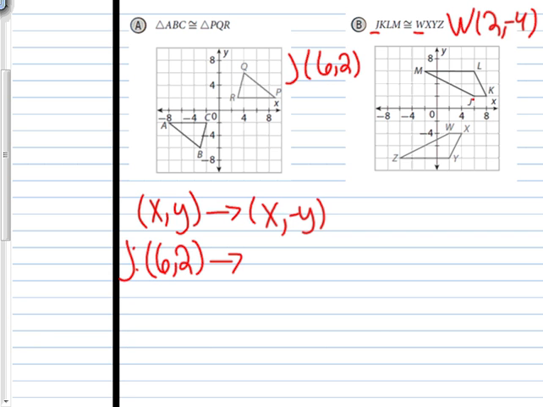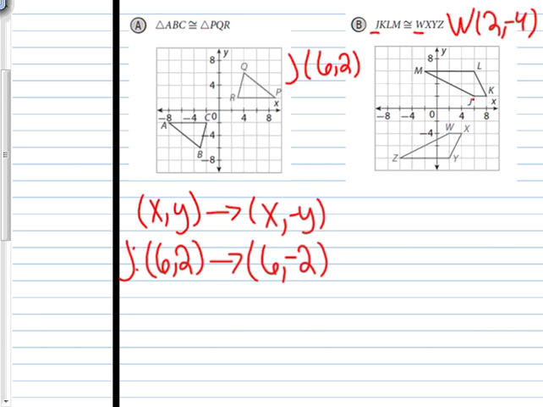And I'm going to apply this reflection. Again, there's other ways, but I can see right away in my mind, in that visual mapping, that it reflected. So I'm going to apply the reflection. The 6 stays the same, and the y becomes negative, so it's 6, -2.